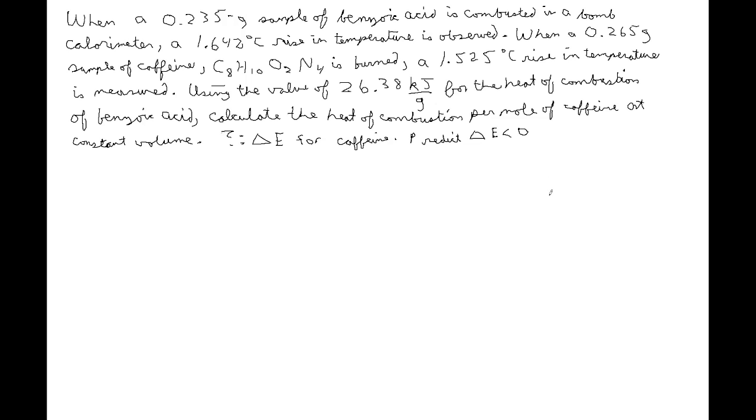We can set up two equations, one for caffeine and one for benzoic acid, where Q for the assembly is equal to C delta T for both, since we have too many unknowns.